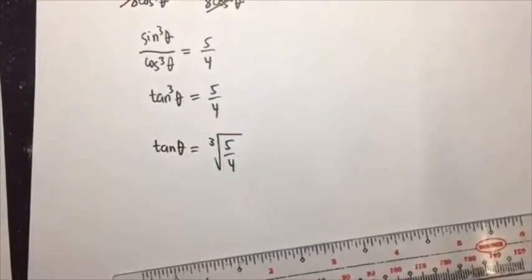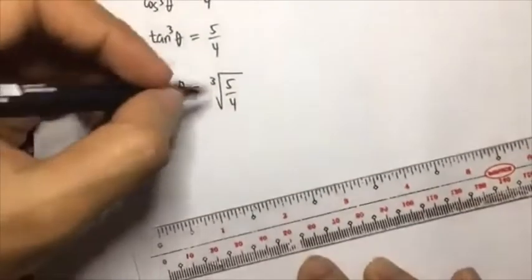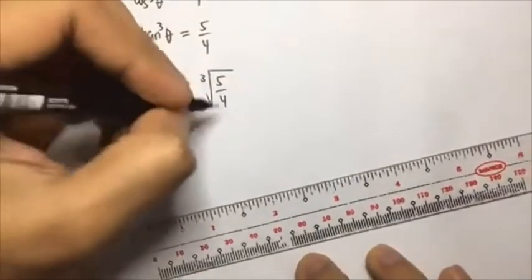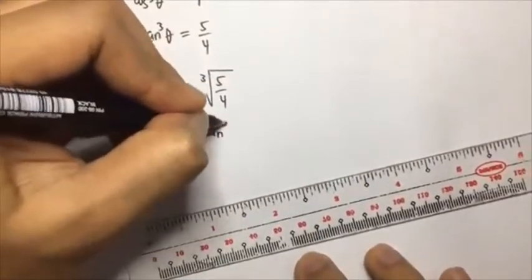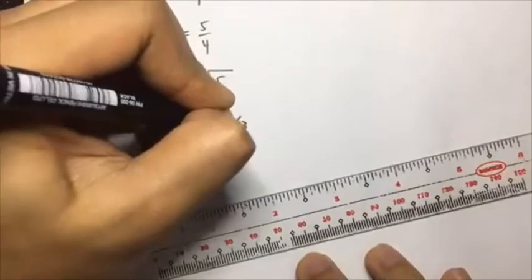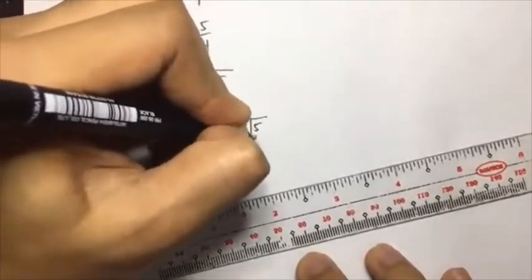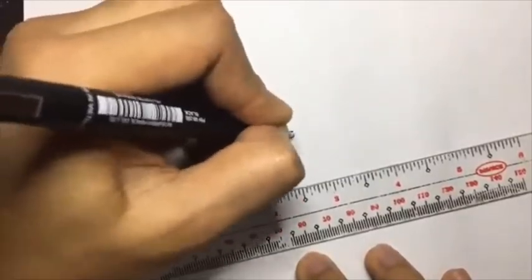Okay, so solving for theta, theta now will be arctan of cube root of 5 over 4.